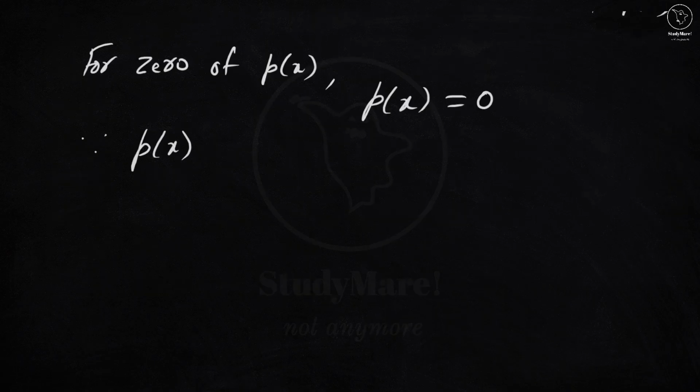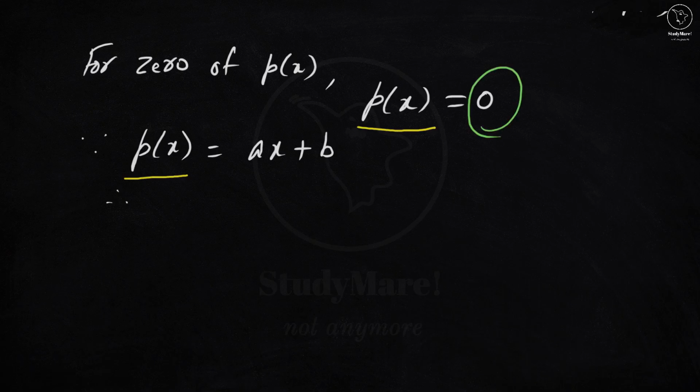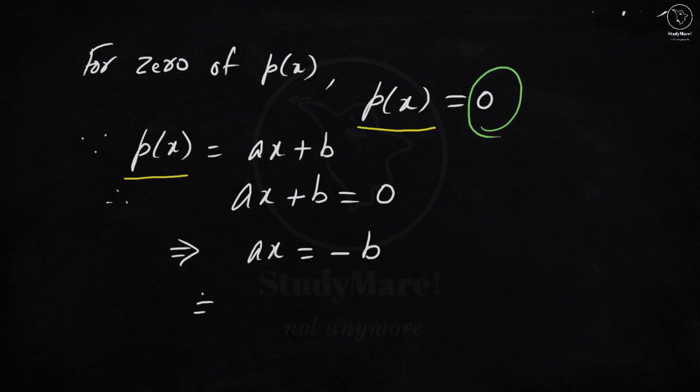Since P(x) is equal to ax plus b, it means ax plus b should be equal to 0. Solving it further, we get ax is equal to minus b by taking plus b on the right hand side of equal. Next, by cross multiplication, we get x is equal to minus b by a.